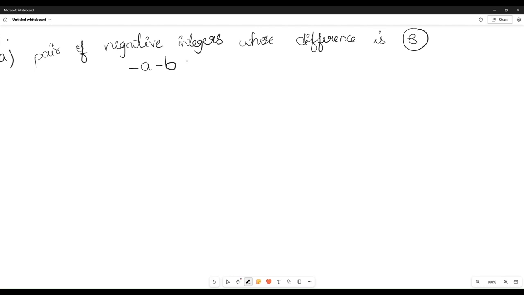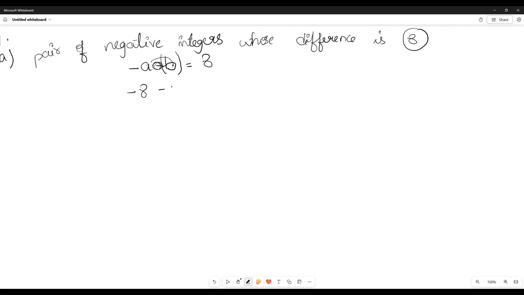So the pair of negative integers is minus a, minus b. Minus a minus of minus b, because two negative integers and difference, means minus a minus of minus b is 8. So let's do it with an example.